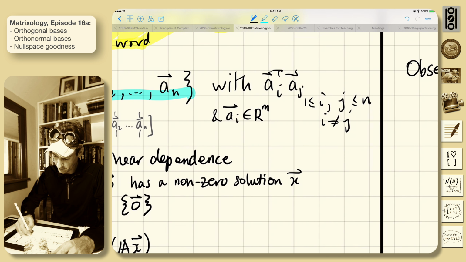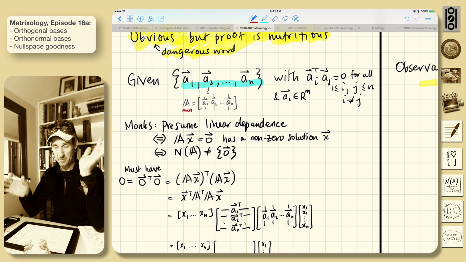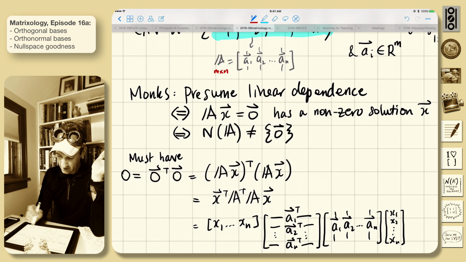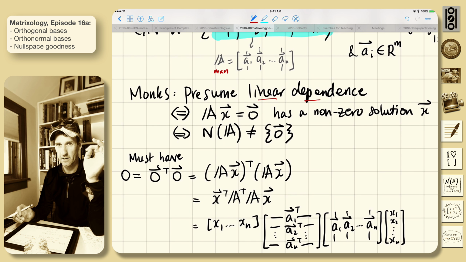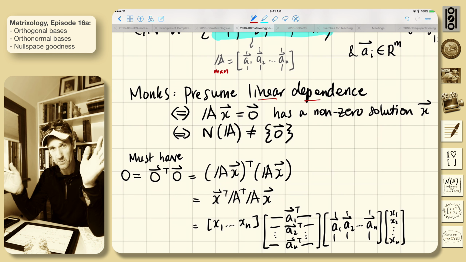So we're given this, and we want to show that we have a linearly independent set. What does that mean? Well, let's prove it by contradiction. We presume we have linear dependence, which is to say that A times x equals 0 has a non-zero solution x, which is to say the null space is not equal to 0.